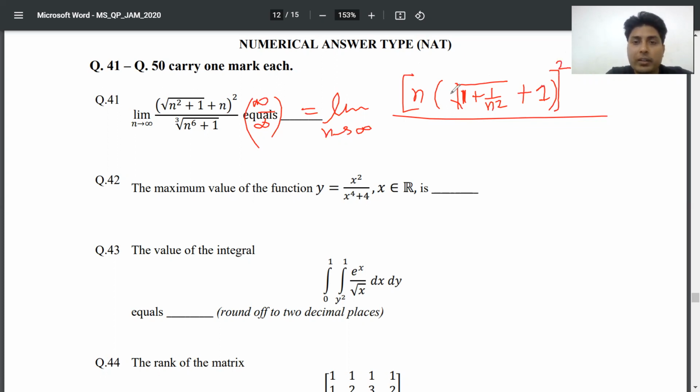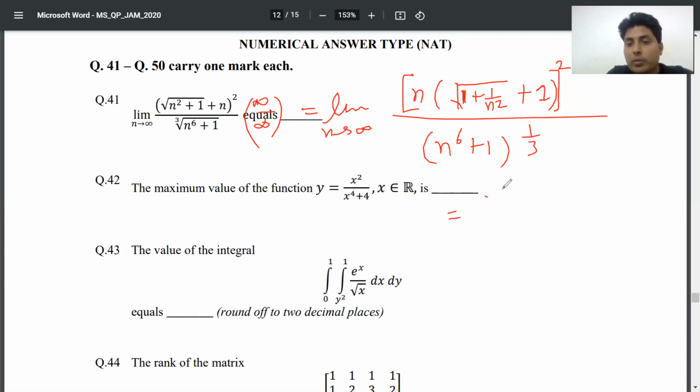So from inside the bracket, I have taken n common. In the denominator, it is n raised to the power 6 plus 1, whole power 1 by 3. So I can take n raised to the power 6 common from the bracket, and since it is power 1 by 3, n square will come out.